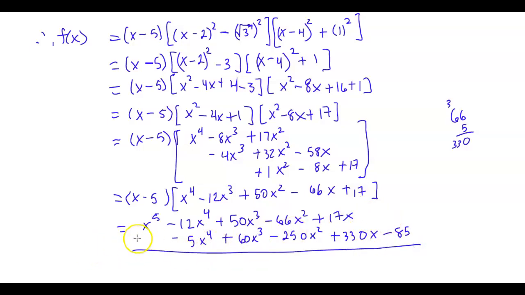And then we just add all that up. That's x to the fifth, minus 17x to the fourth, plus 110x cubed. That's minus 316x squared.